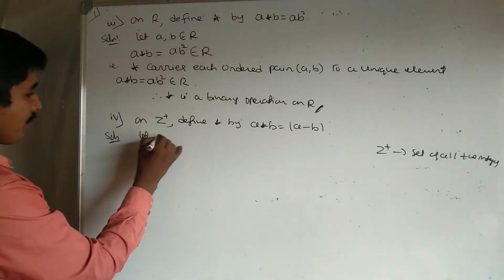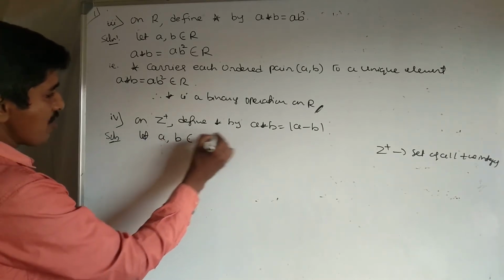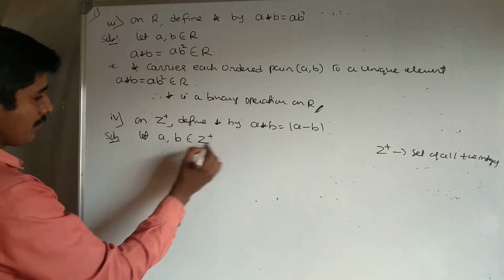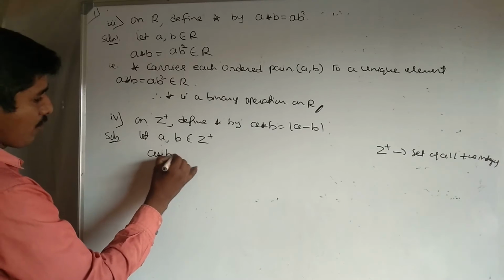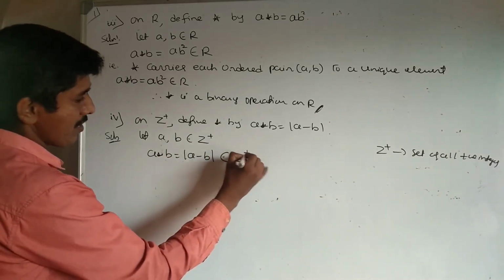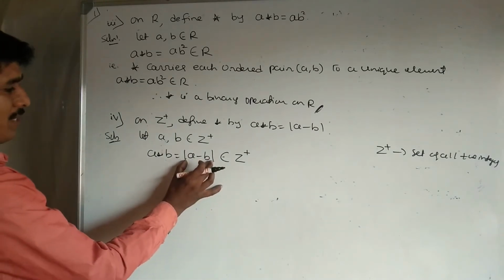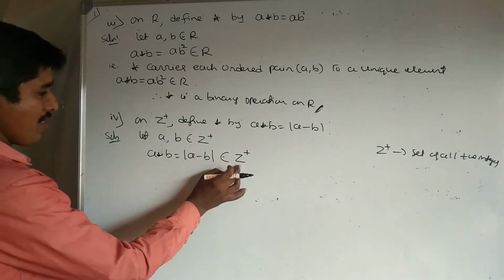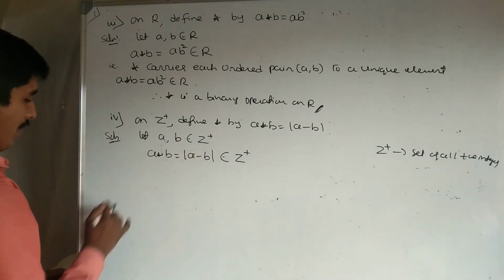Let a, b belong to Z plus. a star b equal to modulus of a minus b, a positive integer. Here modulus means non-negative, so it belongs to the positives, which means clearly star is a binary operation.